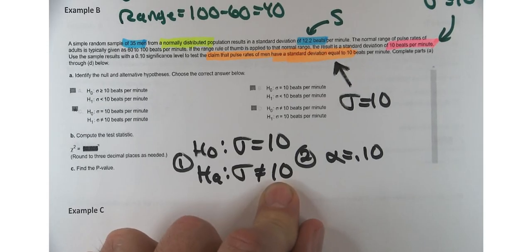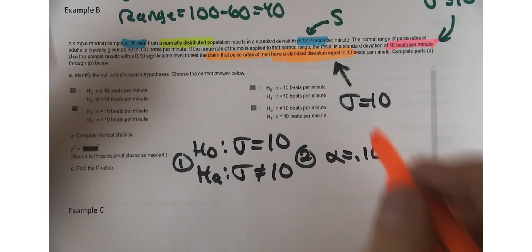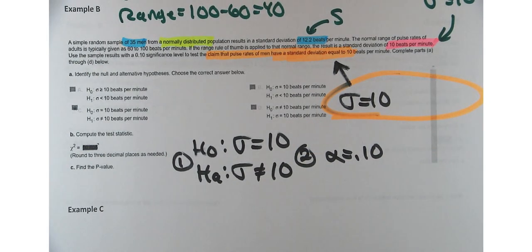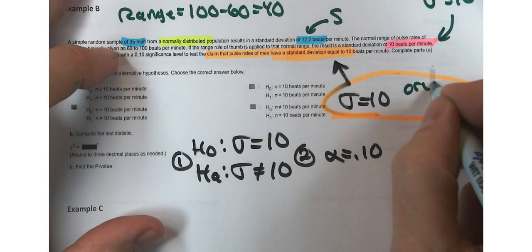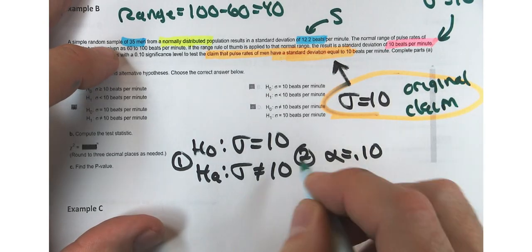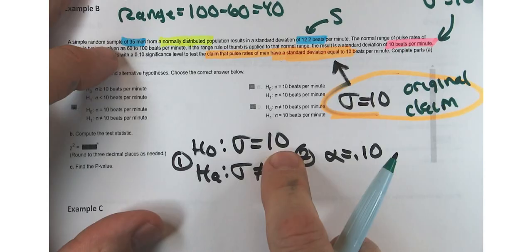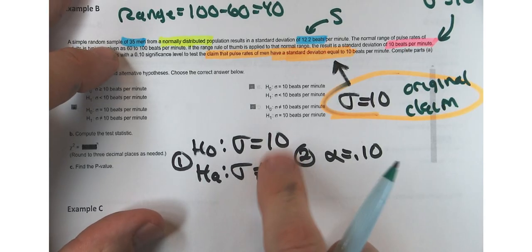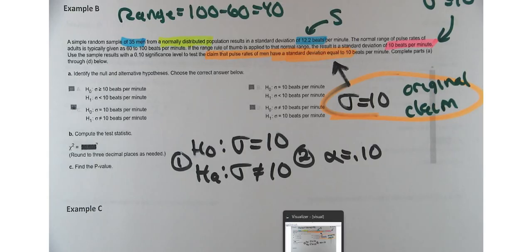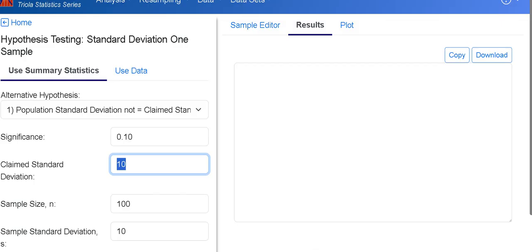Our original claim was this part right here. But the claimed standard deviation, that number you're just going to look for right here. Maybe there is some little relationship, but in my mind they're referring to different things.